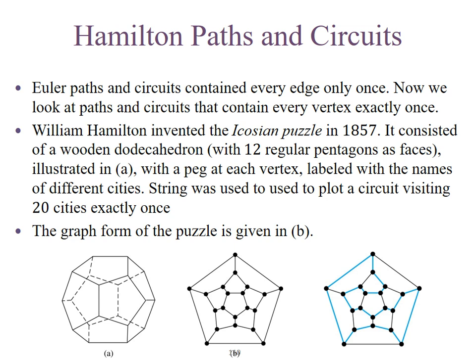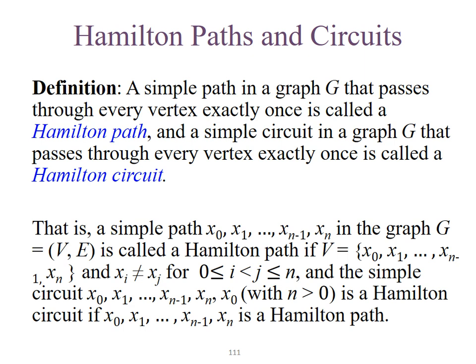So we can try to discover if we can visit each vertex exactly once to find the path or circuit. Then that would be the Hamilton path or Hamilton circuit. Alright, so let's see the definition of Hamilton path and circuit.